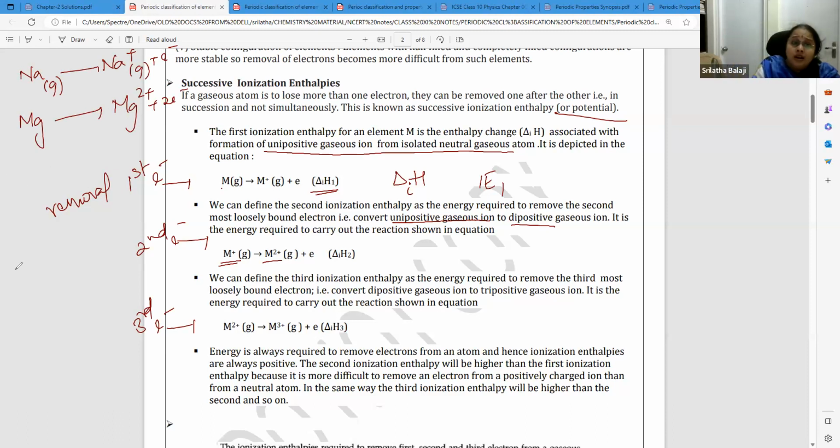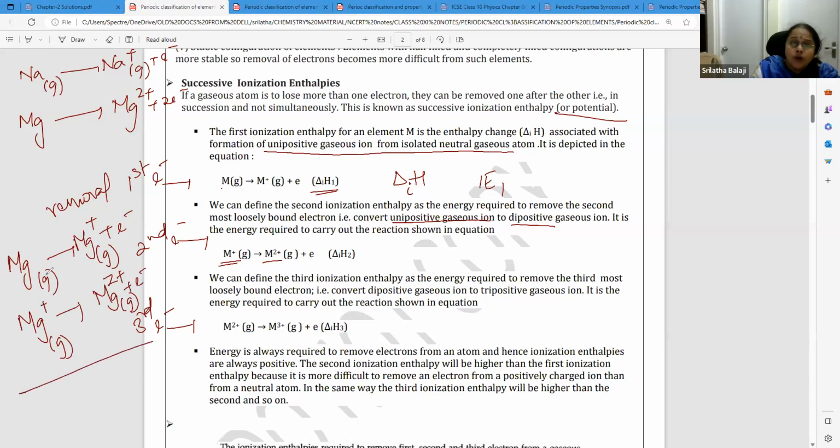What are the steps involved? Magnesium first is losing one electron, and then the second electron is lost. Are you getting it? So what is the overall reaction if I add? Is it not Mg giving Mg2 plus and 2 electrons? So when Mg to Mg2 plus is taking place, how many ionization enthalpies are involved? 2, first and second.